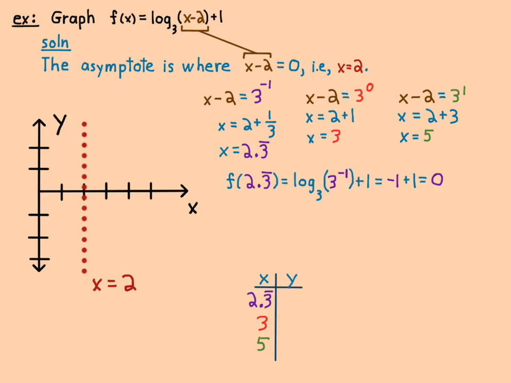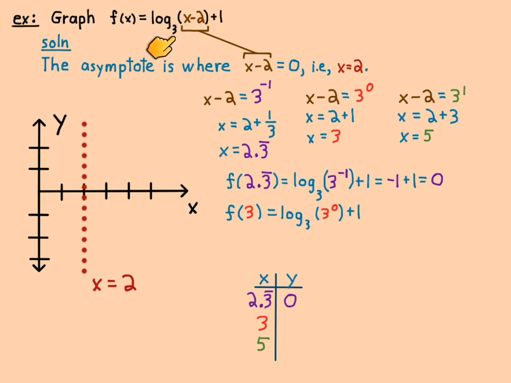So think about that until you got it. Or maybe look at this next one and you'll get it. It's the same for all of them, basically. So if I plug 3 in, I get log of 3 to the 0. What I'm really doing is up here, I'm plugging 3 in. So I get 3 log base 3 of 1. 3 minus 2 is 1.